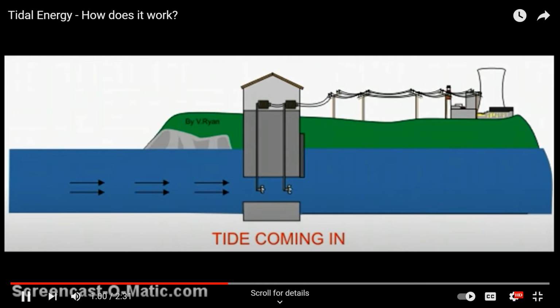This is the sea water flowing. Here we have the blades. This is called the blade turbine. We have to rotate these turbine blades. This is our aim. When water flows over this, it will make the turbine blades rotate. When the turbine blades rotate, the shaft will rotate and the generator shaft will rotate, and we will be getting the power transmission. That is, the tide is coming in.